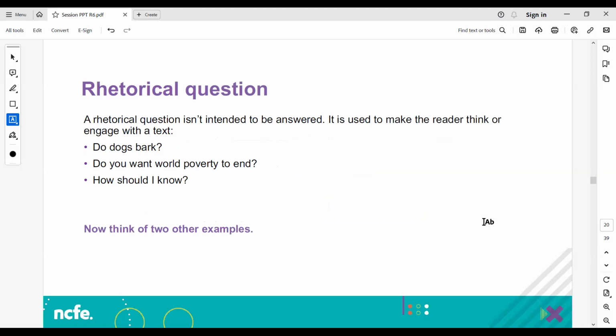Do you want world poverty to end? So this could be an article about strategies to decrease poverty. This could be an opening sentence to engage the reader to read on and find out about this. Do you want world poverty to end?